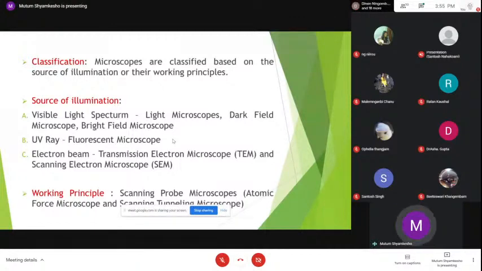This is known as the tunneling current, and it gives the picture and the properties of the surface of the specimen to be observed by the scanning tunneling microscope, up to the resolution at the level of individual atoms. Thus, this group of microscopes, the scanning probe microscopes, are very powerful microscopes having very high resolving powers.